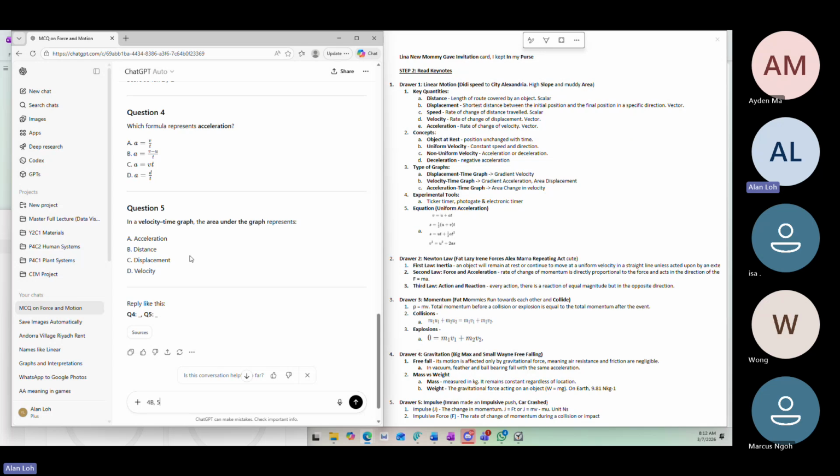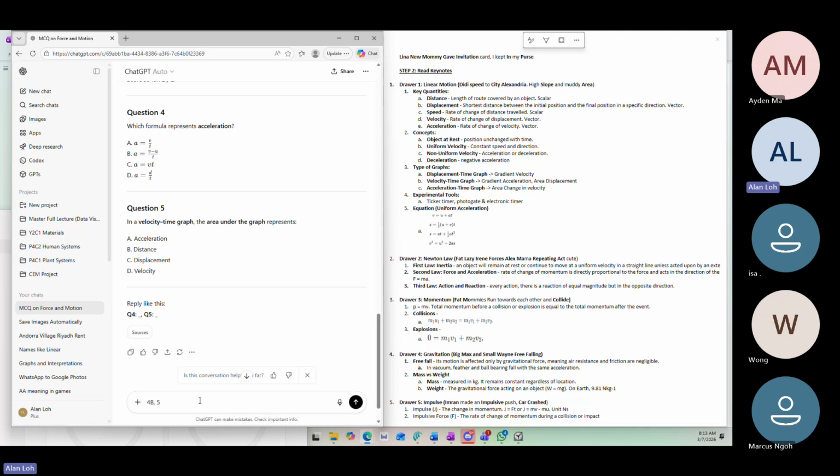Okay, remember, this is the story of TT speeding to the city of Alexandria. And there is this slope, high slope, and muddy area. So this is the particular part on the area, the muddy area. What is the answer?